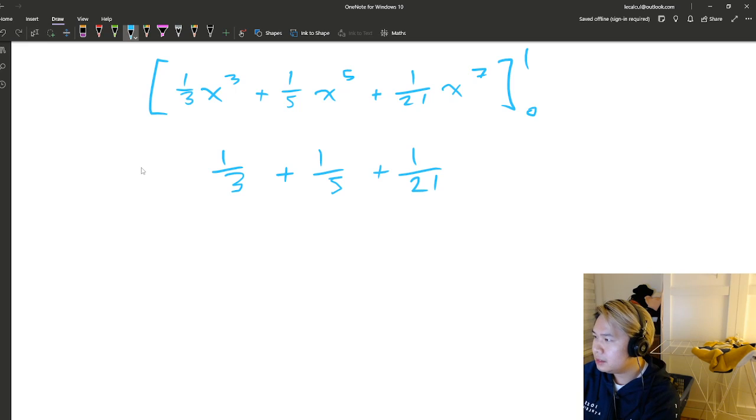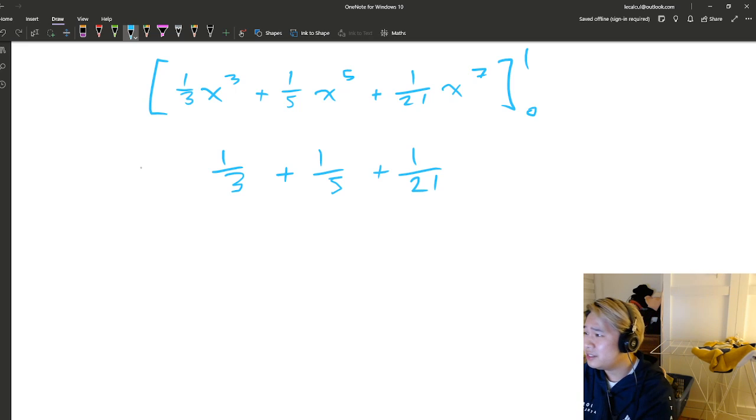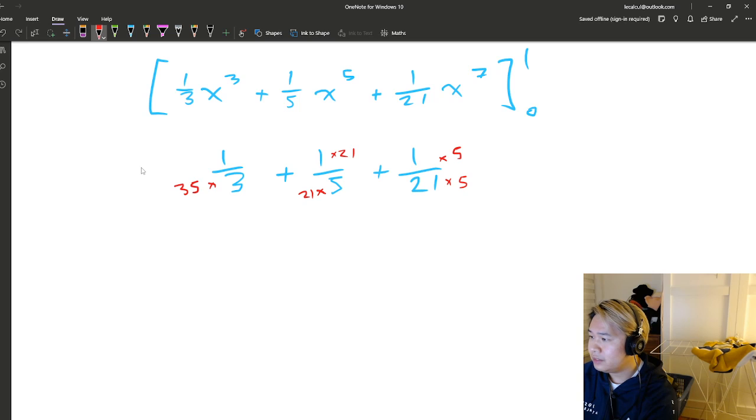And then the lowest common factor of this is I think like 105. Whatever, okay. I'm gonna multiply this by 5. I'm gonna multiply this by 21. And I'm gonna multiply this by 35.